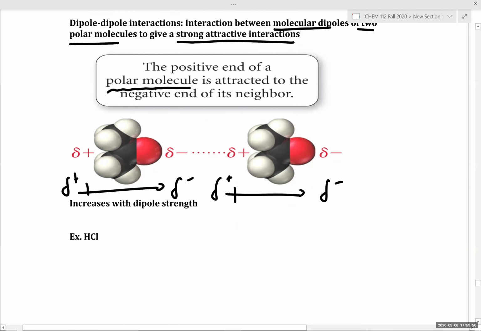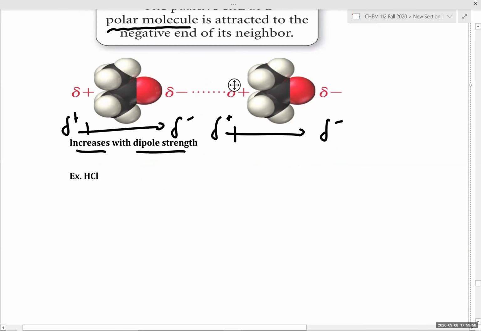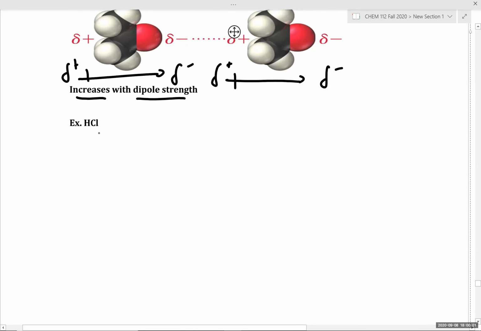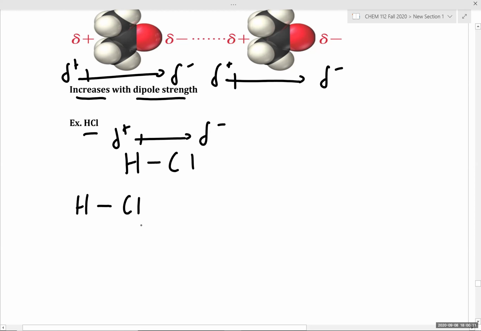Further, dipole-dipole interactions increase in strength as we have a stronger dipole. So for example, hydrochloric acid, the hydrogen-chlorine bond is polarized towards chlorine, and in turn, we have an interaction between our two polar molecules where our partial positive region and our partial negative region of each of these two molecules are attracted to each other and are stabilized by this attractive interaction.